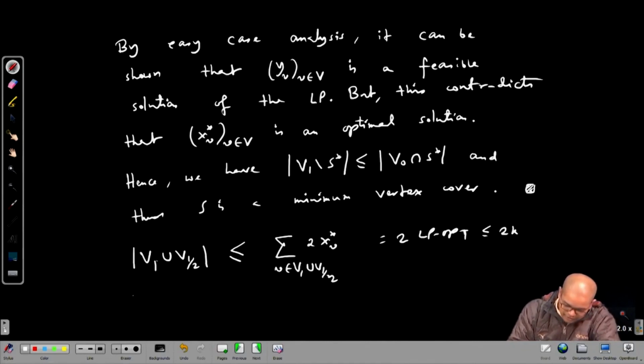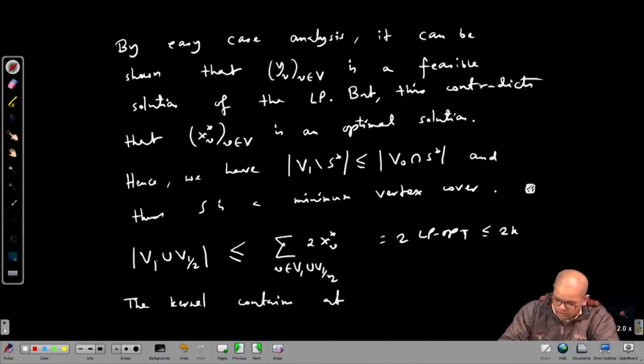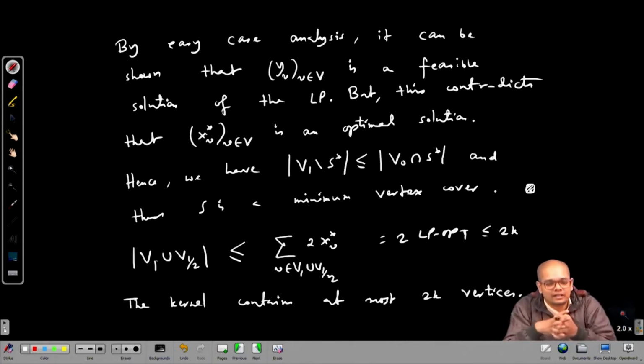So the kernel, the output instance, contains at most 2k vertices, which is an improvement from our quadratic kernel, which contains at most k square vertices, because it contains at most k square edges.